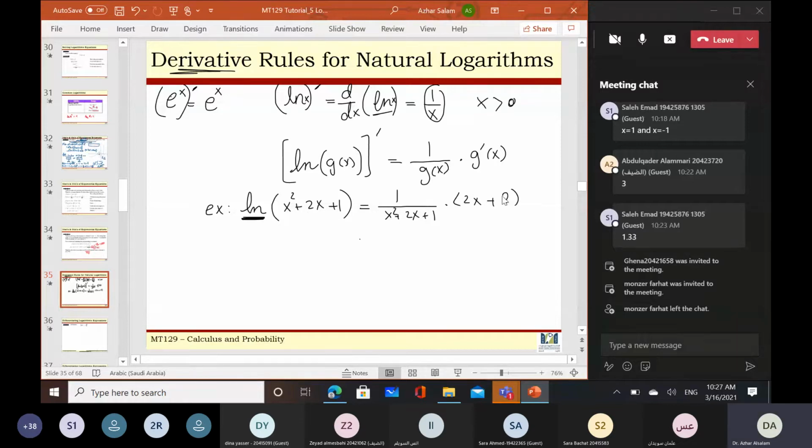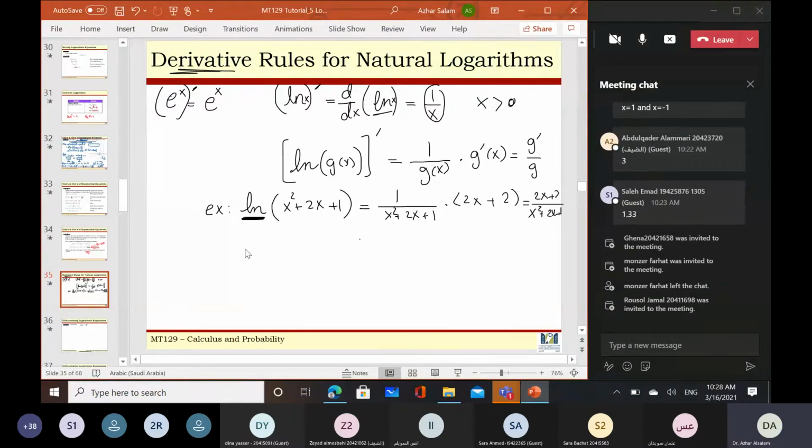The derivative of what is inside the ln is this function. I can leave it like this, or I can put it as a numerator over this denominator. I can simply write g dash over g, so it will be 2x plus 2 divided by x squared plus 2x plus 1. This is an example.